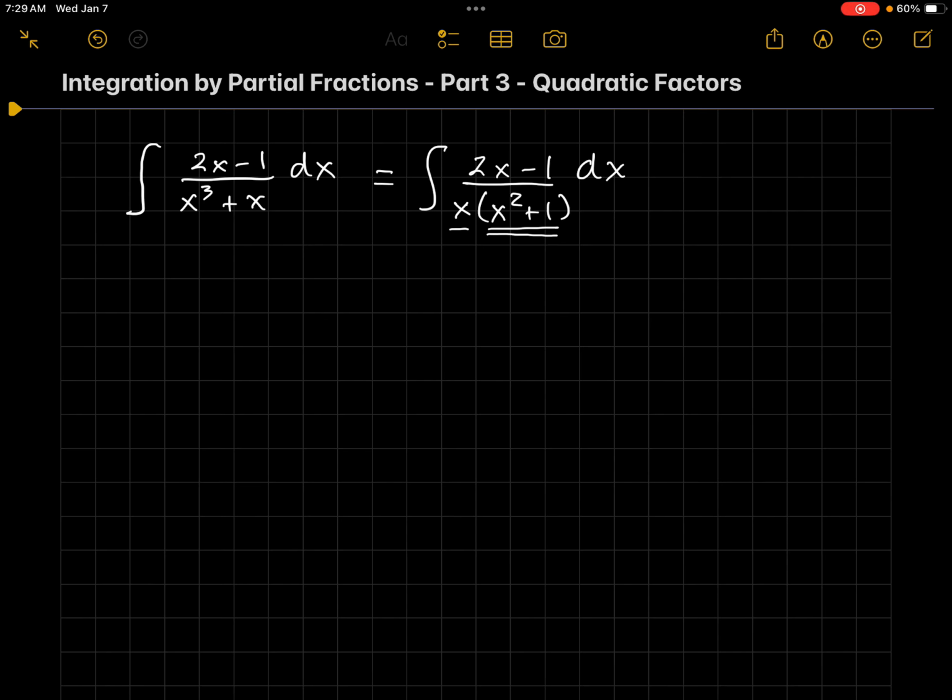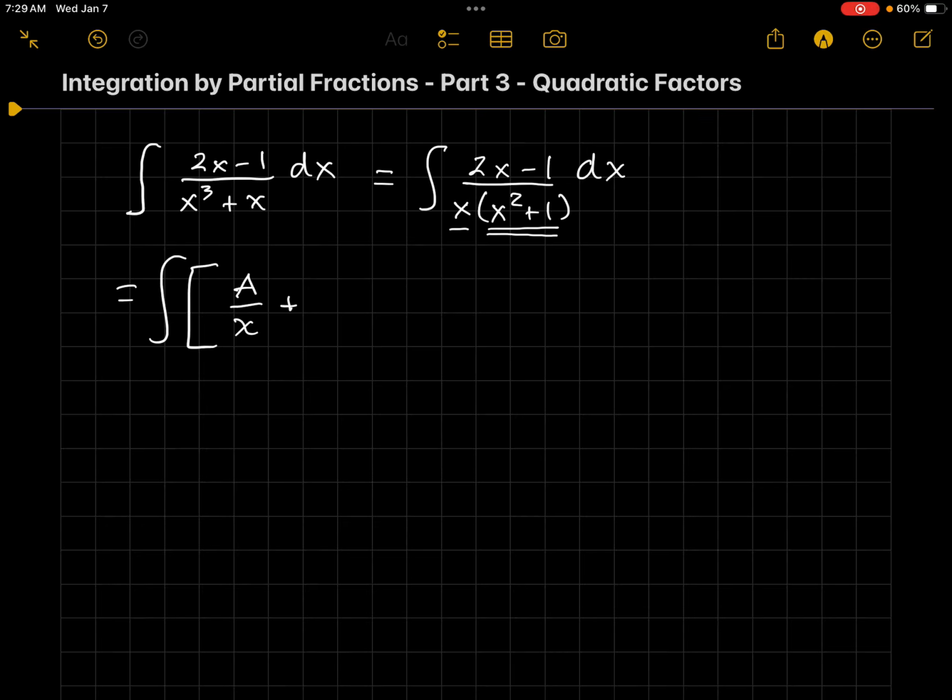So the technique for doing partial fraction decomposition when we have a quadratic factor is pretty similar to when we have linear factors. I know that I will have some number a over x, just like we did with our linear factors.